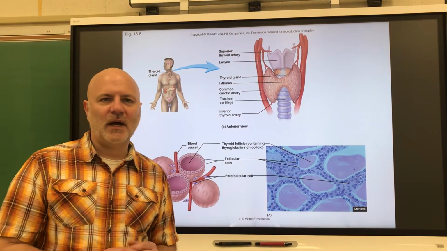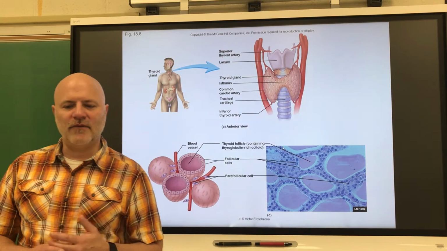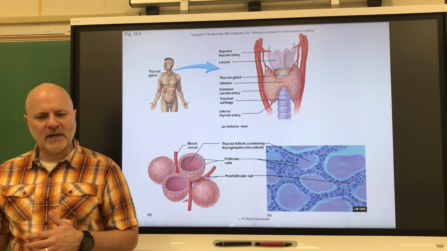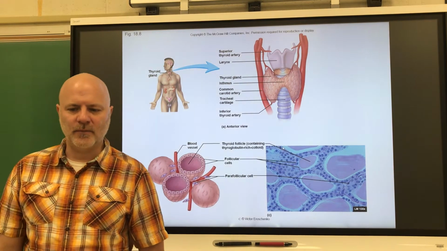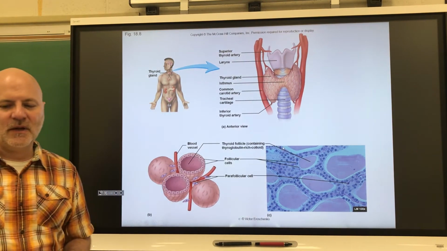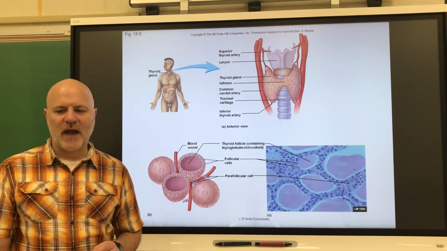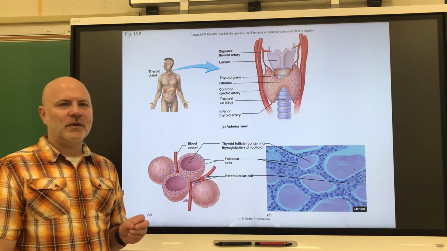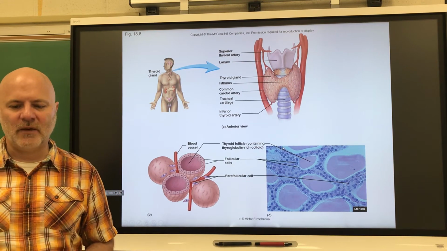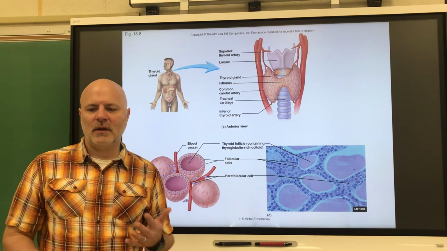There's a couple of symptoms that can arise from having not enough or too much thyroid hormone. One is myxedema. This is a low production of thyroid hormone, so hypothyroid syndrome. So here, these people are going to have a low metabolic rate. They're going to be chilled, constipated.